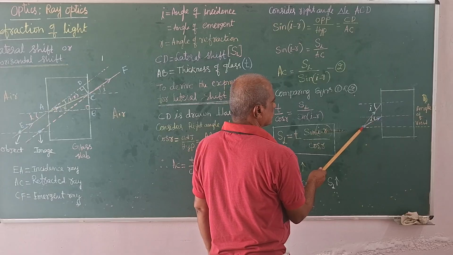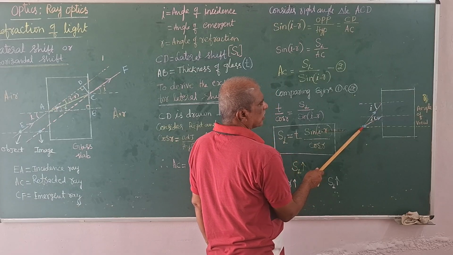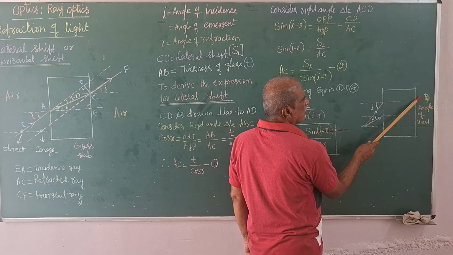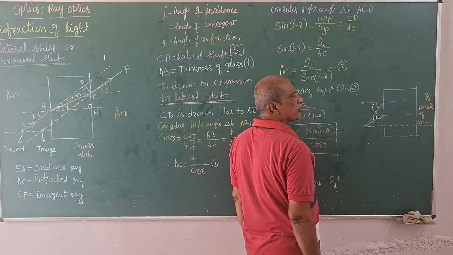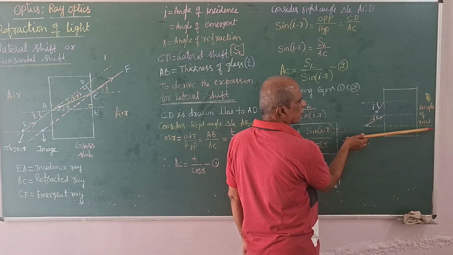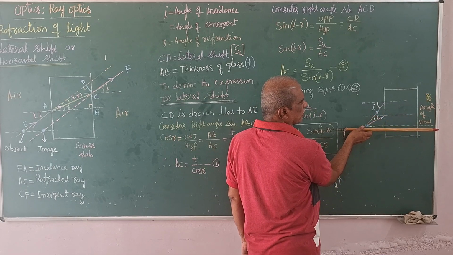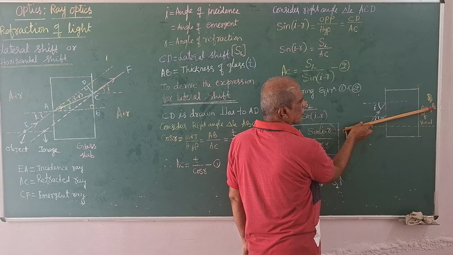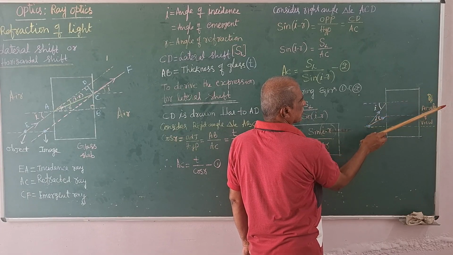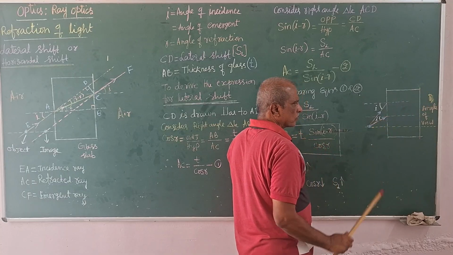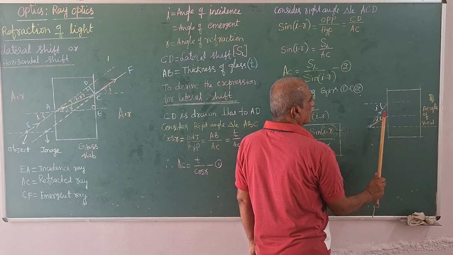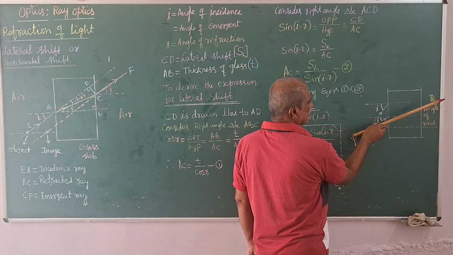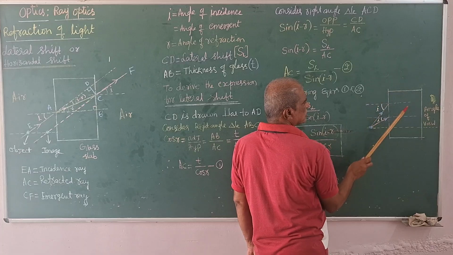Suppose the object is this, and there is a lever here in this direction. The lever can change the angle of view. Here the angle of view is changed. You can change it in this direction, increasing the angle of view. As the angle of view increases, the angle of incidence increases.